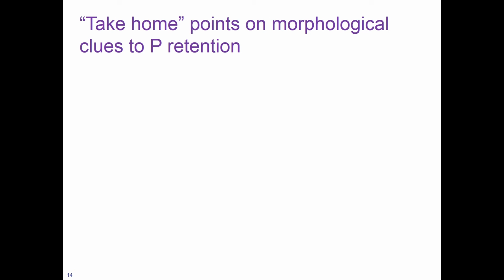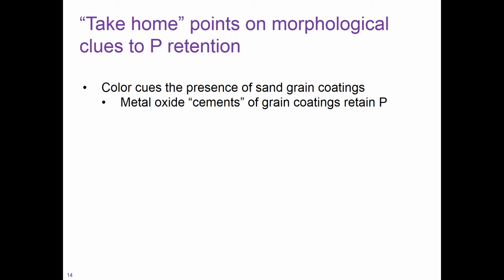My take-home points for this lecture are that color cues the presence of sand grain coatings. Metal oxide cement of grain coatings retain phosphorus tenaciously, and clean grains don't retain phosphorus at all because they consist of quartz surfaces which don't have an affinity for phosphorus.